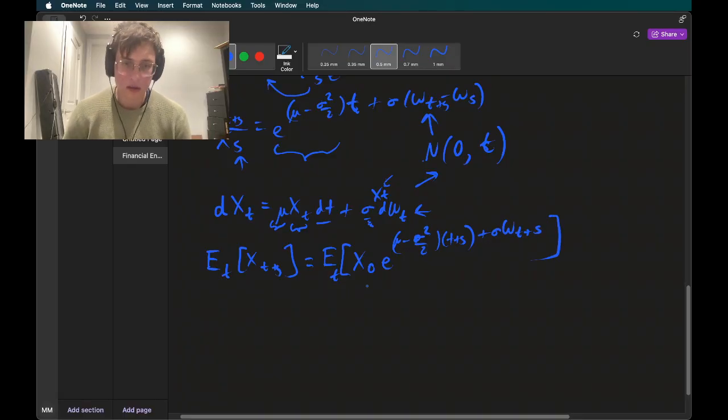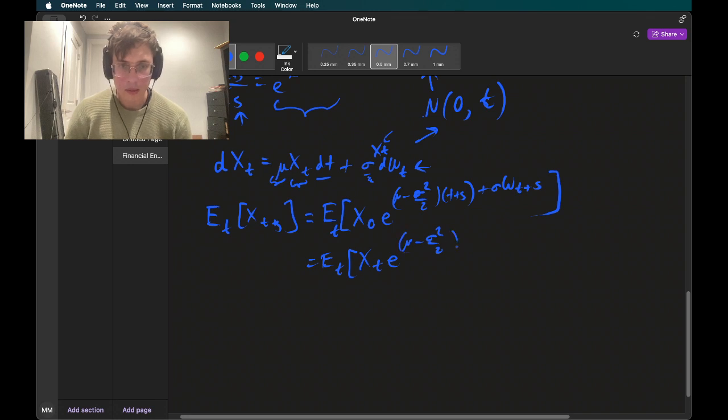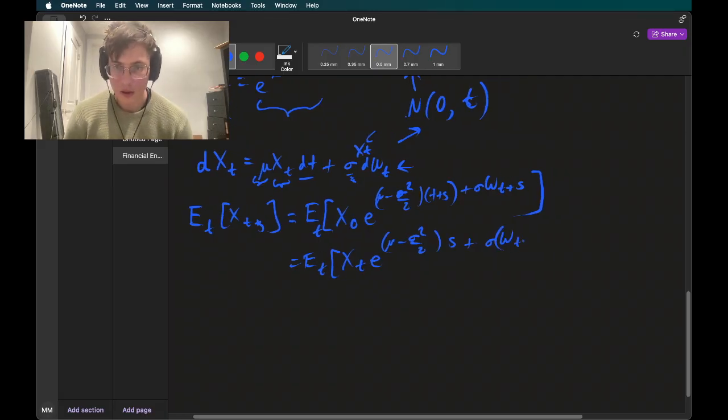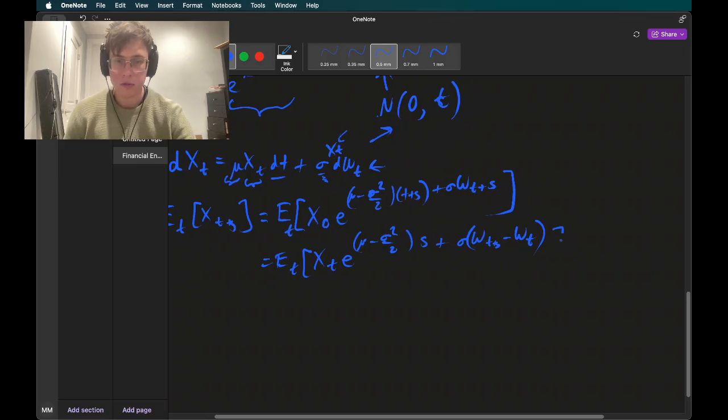As we discussed, this is equal to the expectation of X_t e to the (mu minus sigma squared over 2) times s plus sigma (W_{t+s} minus W_t).